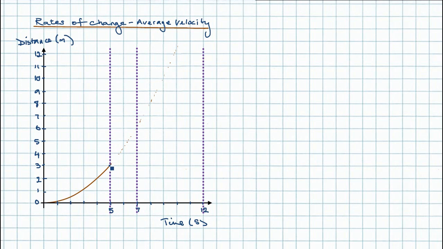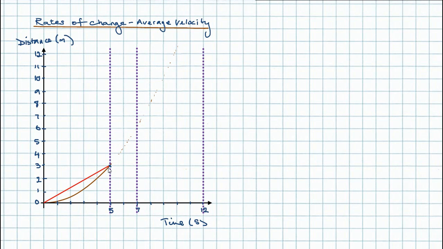But if we take average velocity, then we're going to draw a line so that we have just one speed over this distance of 3 meters. So if I draw my line from the start of this journey, from t equals 0 to t equals 5, then I'm going to be joining up these 2 points here.